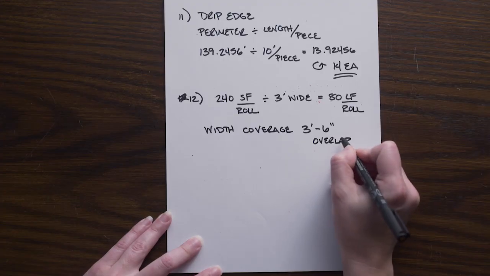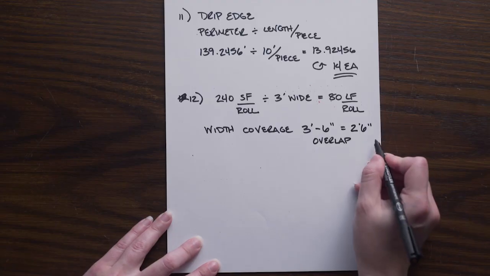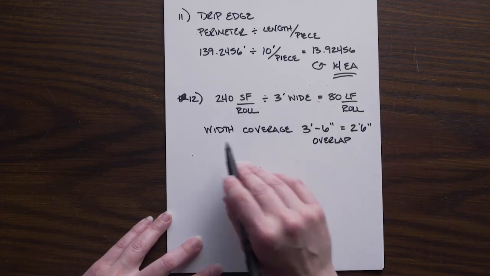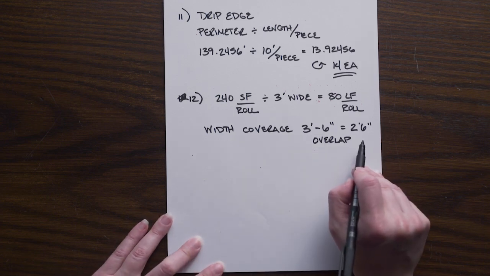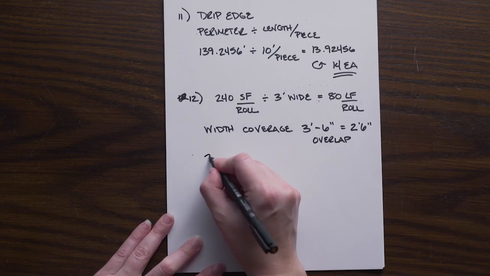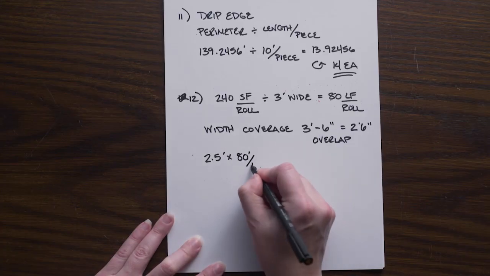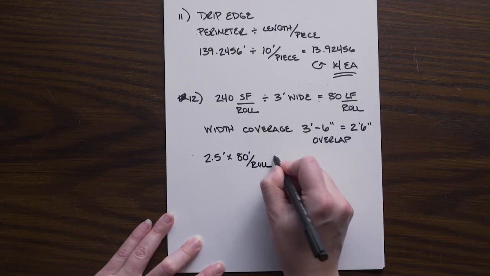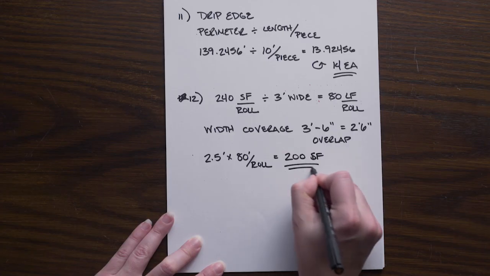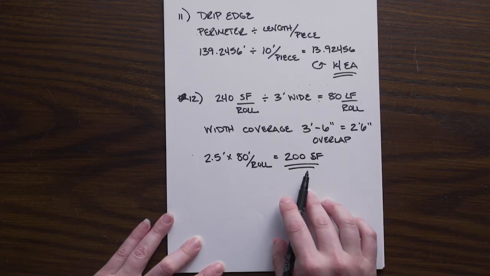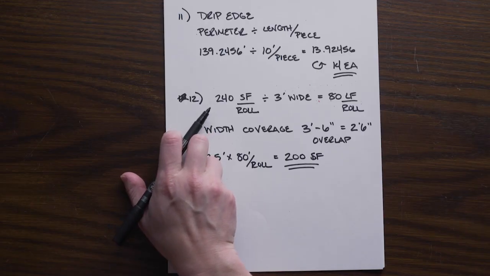So 6 inches of overlap is required. Means we have 2 foot 6 inches or 2.5 feet for our width coverage. Our width is 3 feet, our width coverage is 2 foot 6 inches. If we take that 2.5 feet times the 80 lineal foot per roll that we have in each roll, we can see that we will actually cover 200 square feet of roof for every 240 square foot roll that we purchase.